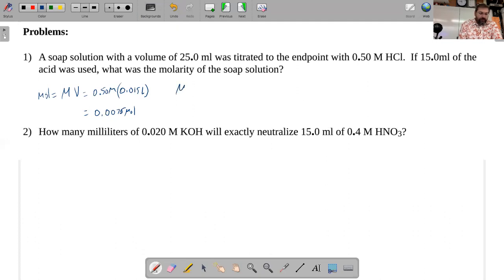So then the molarity of the soap solution is equal to the number of moles divided by the volume. If you take the 0.0075 mole and divide it by 0.025 liters, you get 0.30 molar.